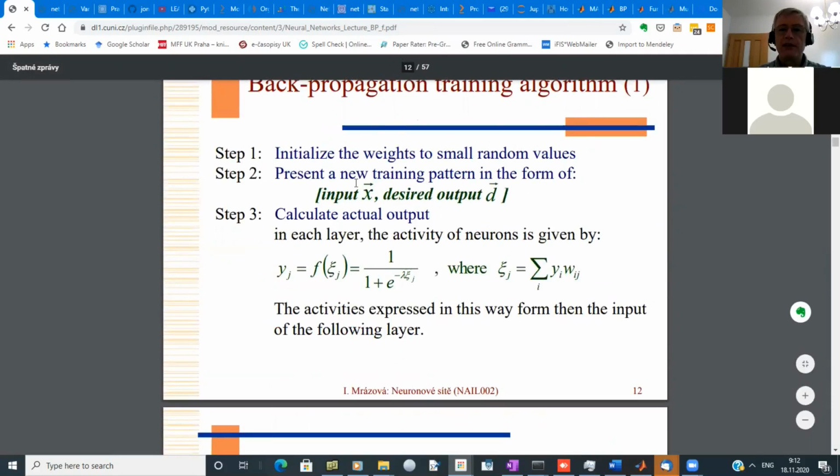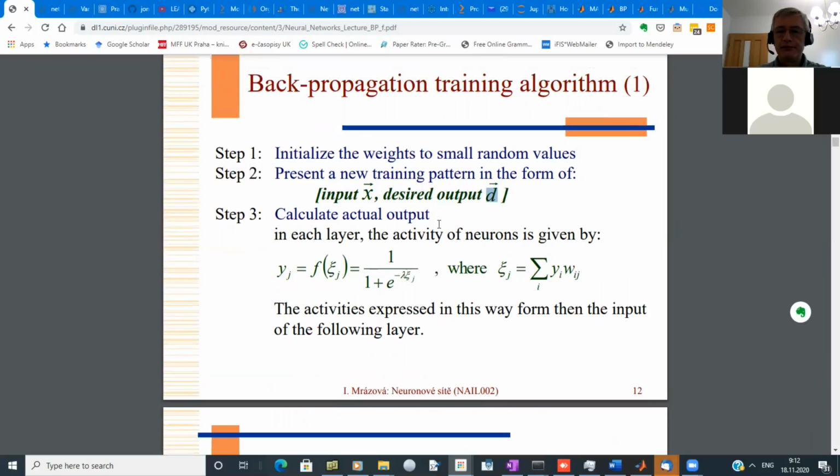Then it presents one training pattern in the form of input and desired output. This is the training pattern. The network calculates the output for the input pattern. During the calculations, the transfer function, the activation function of the neurons, is used: the sigmoidal transfer function, which is this one.